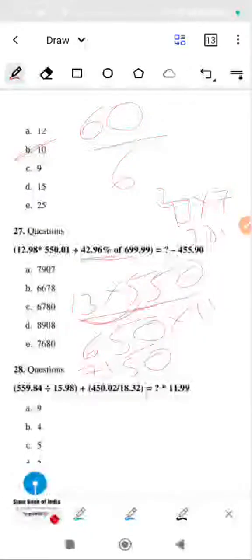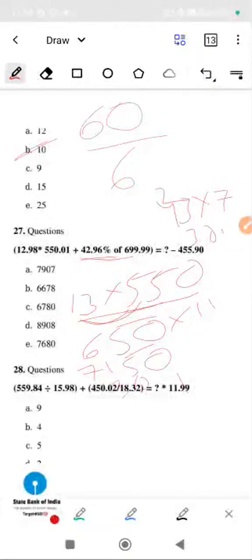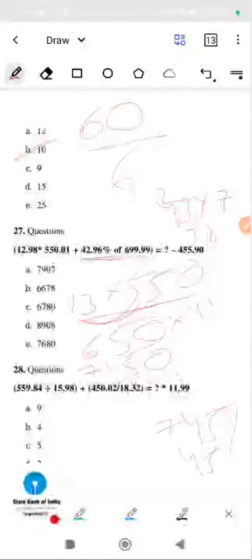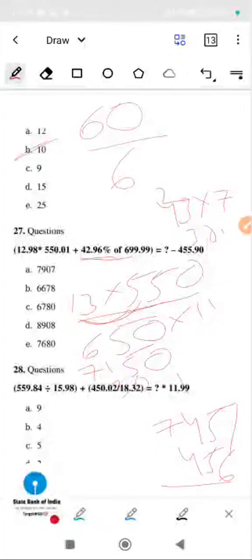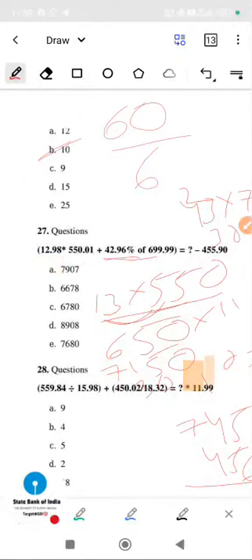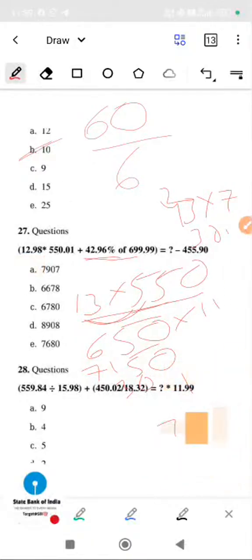So sum of 301 to this one, we get 7451 plus 456, we get the value of 7907. Answer will be 7907. Option A is the answer. Sorry for the clumsiness of the question.